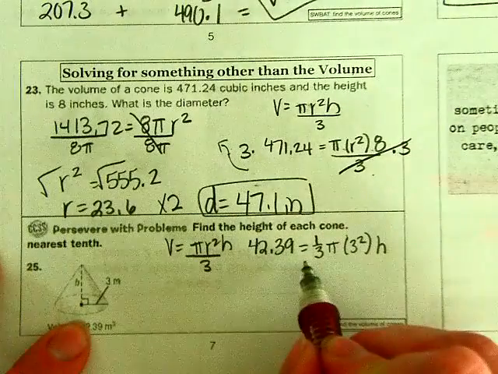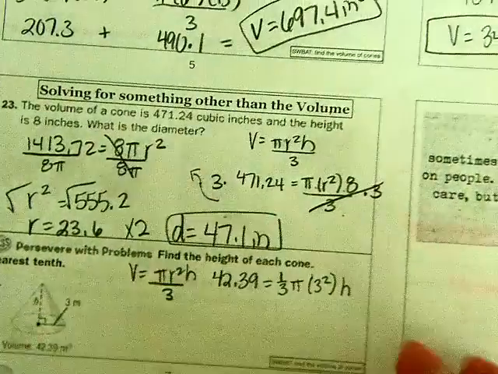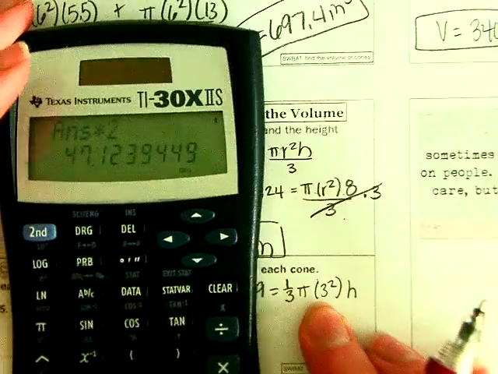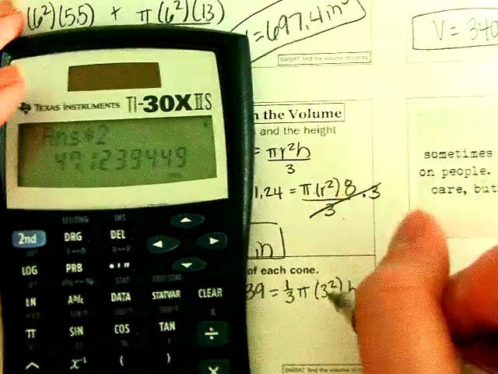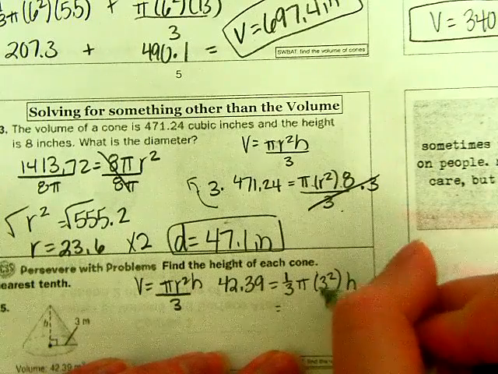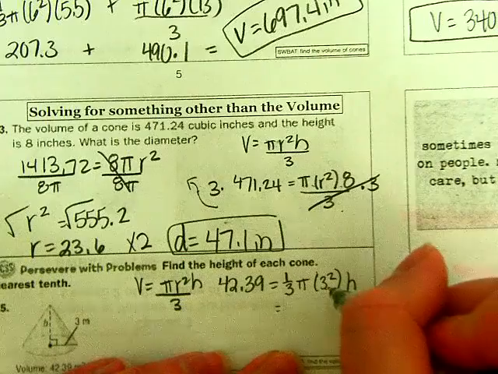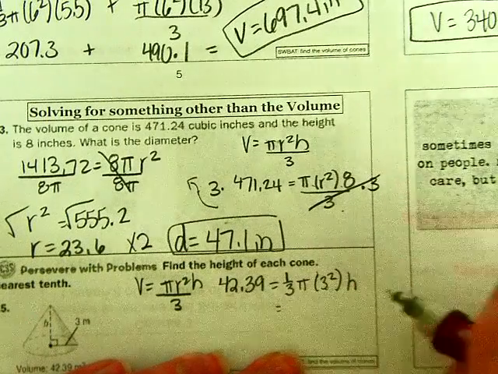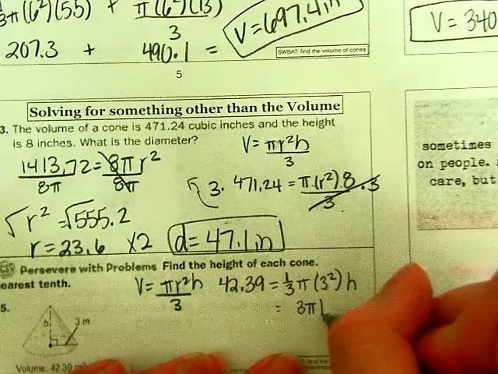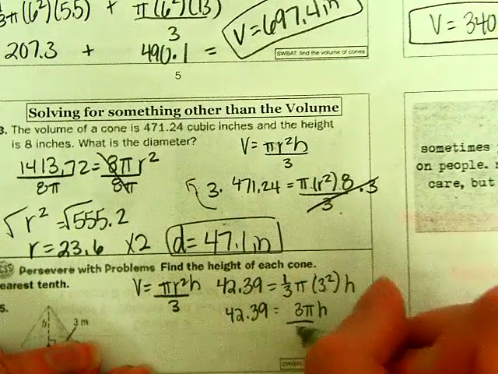And I'm actually going to do all of this in my calculator. Oh, this is 9. This is just going to work out better if I do 9, 1/3 of 9 is 3. So this is 3 pi. I'll leave it as 3 pi h. And I'm going to divide by 3 pi.